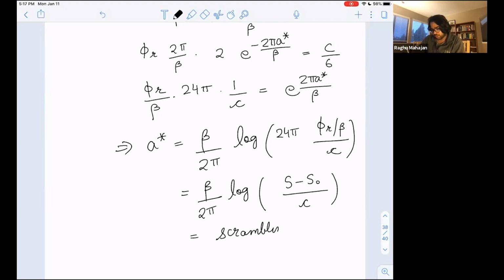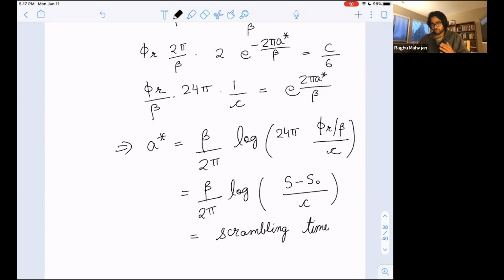The scrambling time of any black hole is equal to beta times log of the entropy. Usually you might have seen it with S naught equals 0. People usually discuss it for non-extremal black holes. But this is its generalization for extremal black holes. And we have a C here, usually C is equal to 1. We don't have too many matter fields flying around.